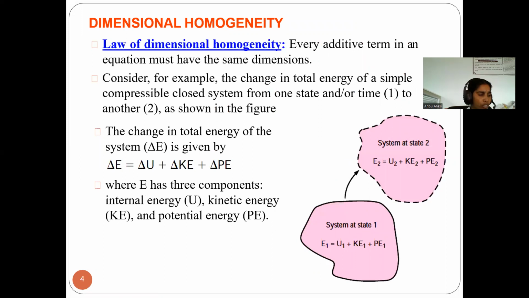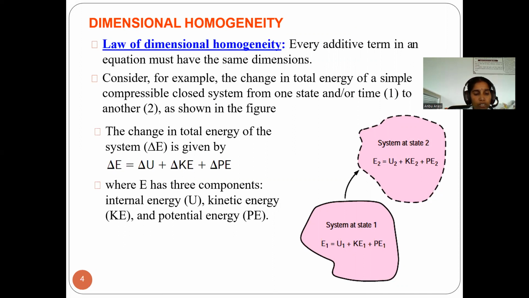Next, dimensional homogeneity. Law of dimensional homogeneity: every additive term in an equation must have the same dimension. Dimensional homogeneity means the dimensions of each term in an equation on both sides are equal.